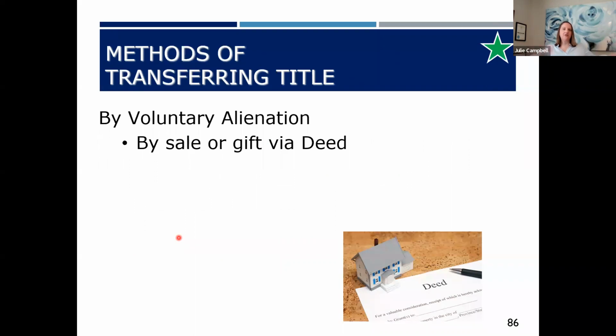And if you're separating yourself voluntarily, you're either selling the property or you're gifting it, but you are alienating yourself from your property using a deed. You're doing it of your own free will.